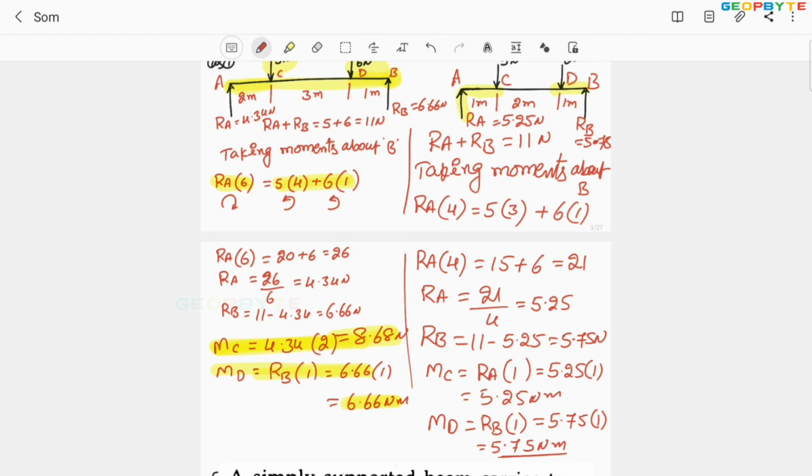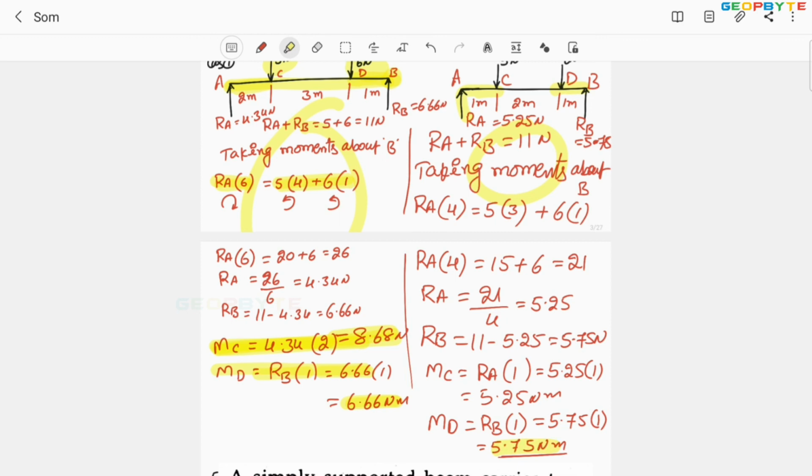Now look at the values. Though the loads are the same, this is the first case, this is the second case. In the first case, bending moment is maximum under C. In the second case, bending moment is maximum under D.